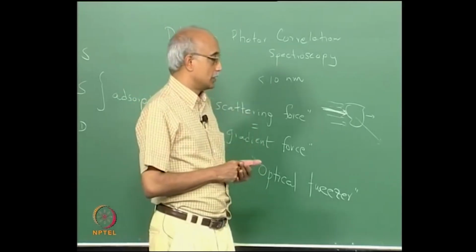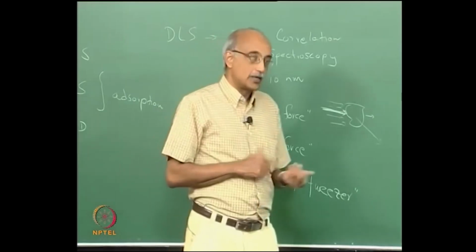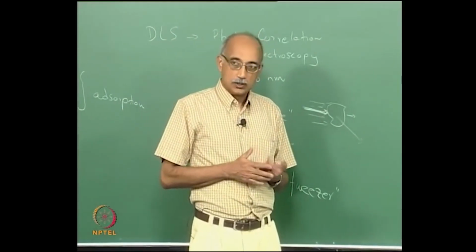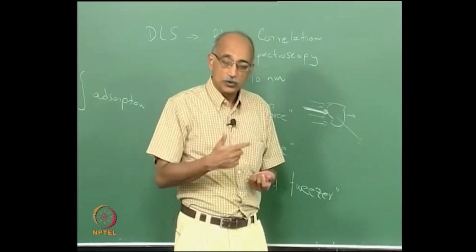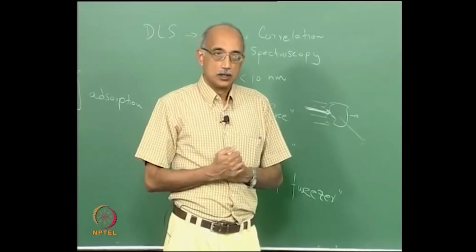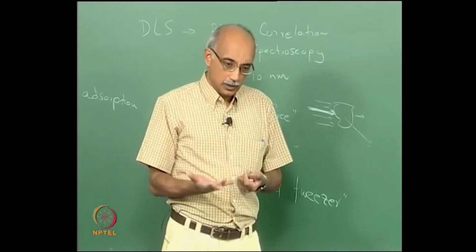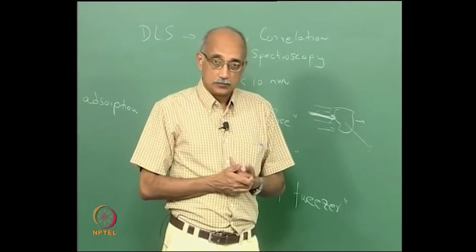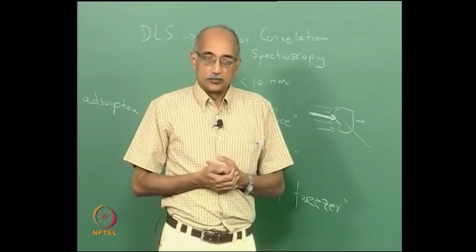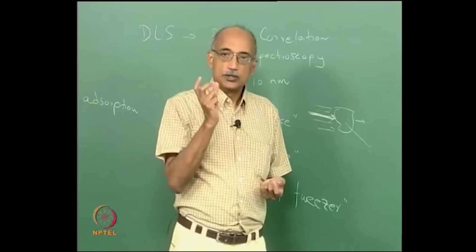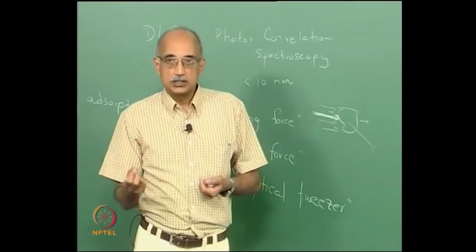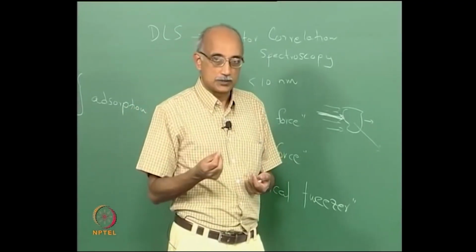For example, you can expose the particle to nitrogen gas and you allow a monolayer of nitrogen to be absorbed on the surface, and then you desorb the nitrogen, which can be done simply by heating the particle, for example, and you look at the volume of nitrogen that has been adsorbed, which is then desorbed when you reverse the process.